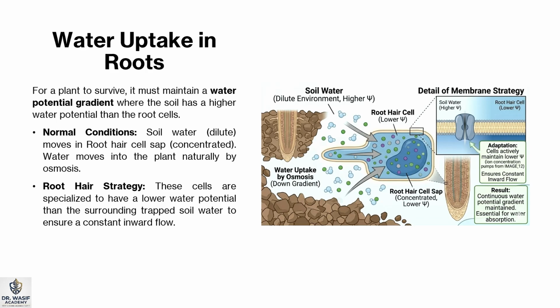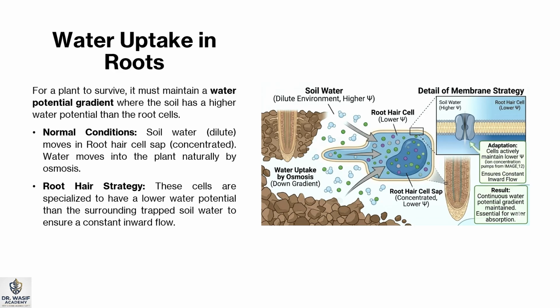We know that water moves from high to low water potential. Now let's see how the plant uses this physics rule to drink. For a plant to survive, it must maintain a constant water potential gradient between the soil and its roots. Under normal conditions, the water in the soil is relatively dilute.